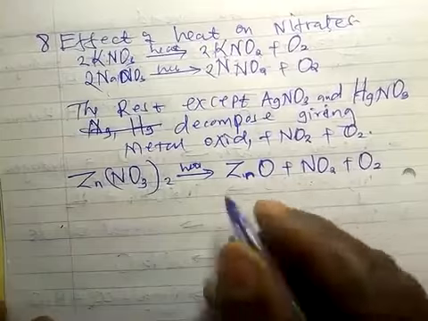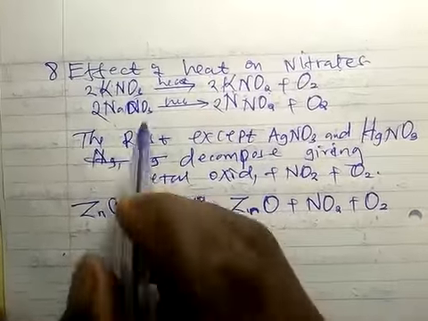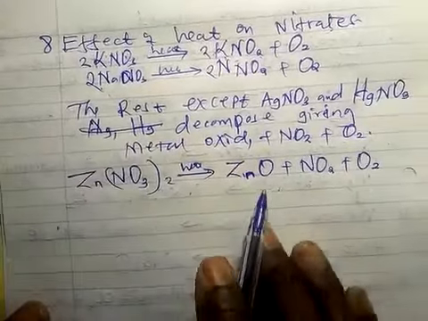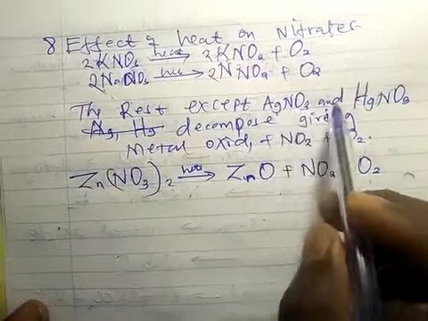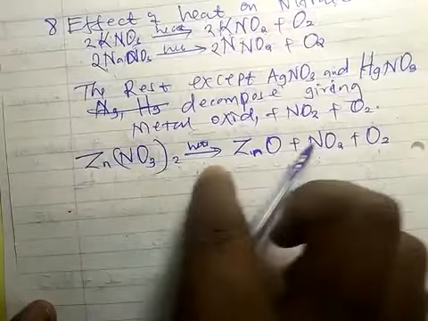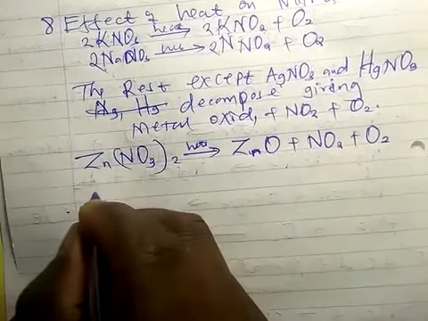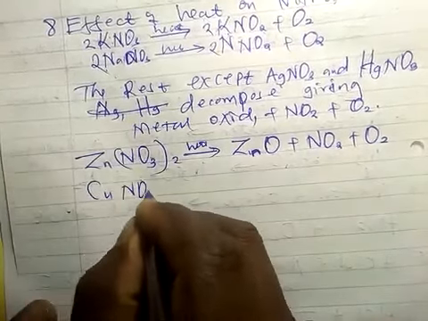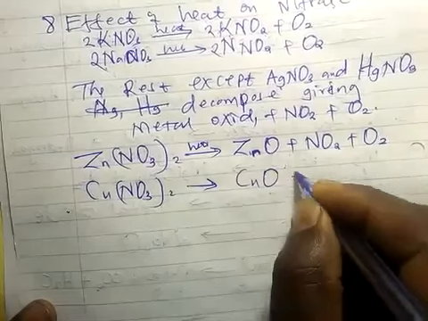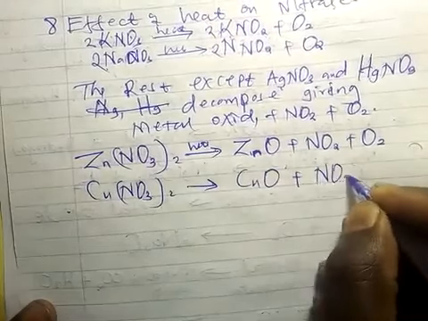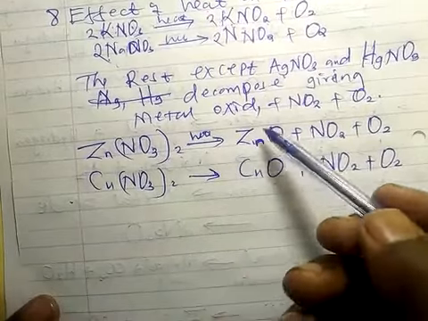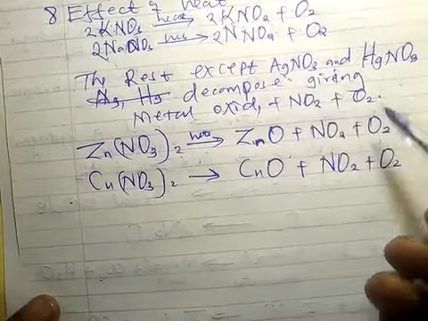All of them will behave like this except potassium nitrate, sodium nitrate, silver nitrate and mercury nitrate. The rest will behave like this. If it is copper nitrate, it will give you copper 2 oxide, nitrogen 4 oxide plus oxygen. So what happens to silver and mercury?